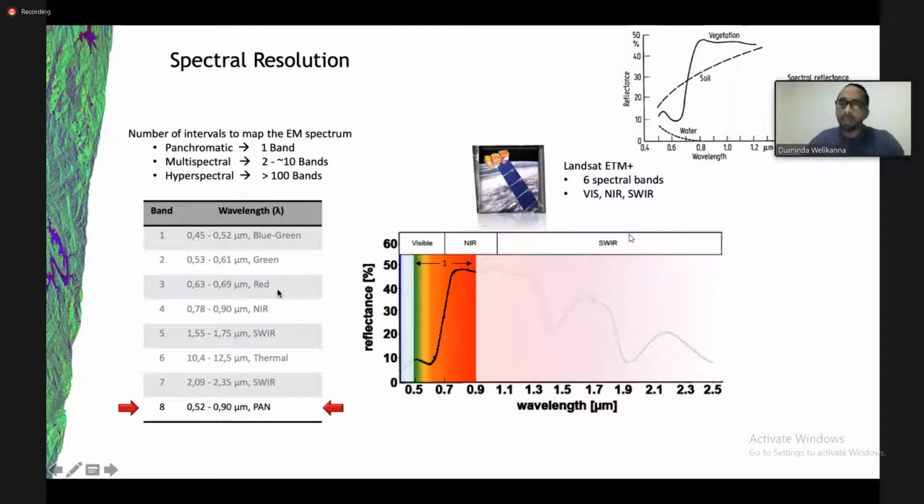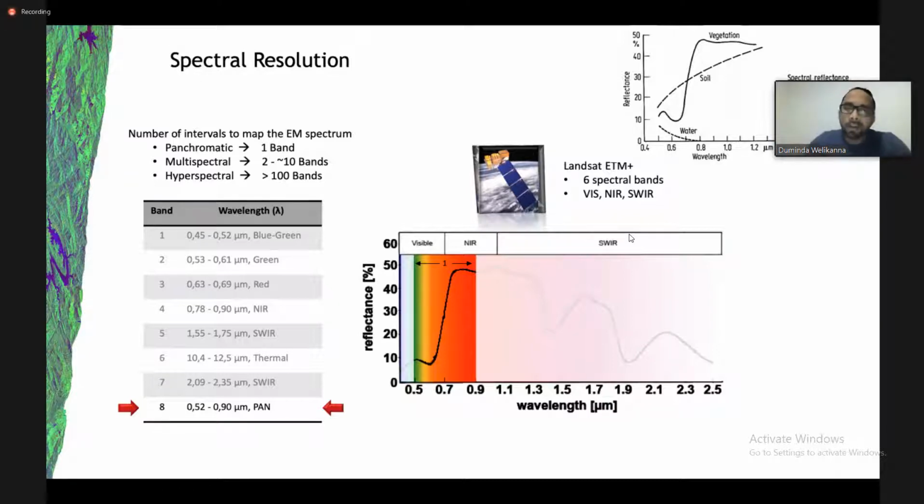Red region, near-infrared region, shortwave infrared region, thermal infrared region, and again another region of the shortwave infrared. So there are 2 shortwave infrared regions, with different wavelengths. One is 1.55 to 1.75, and the next one is 2.09 to 2.35. So different regions of the electromagnetic spectrum can be imaged.